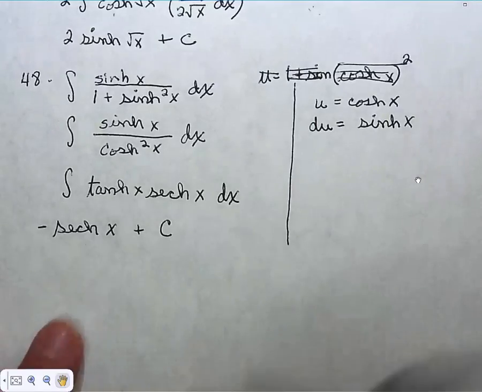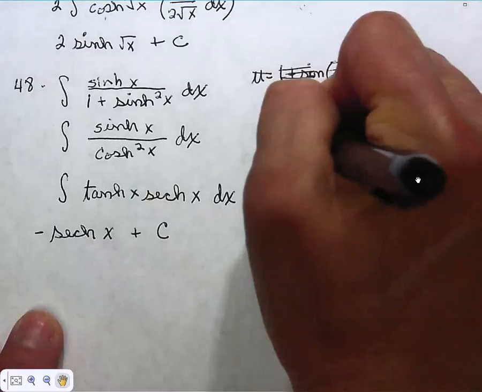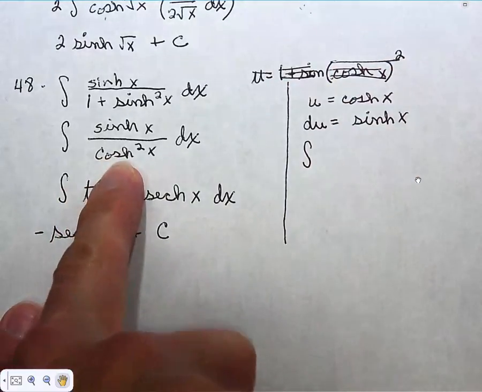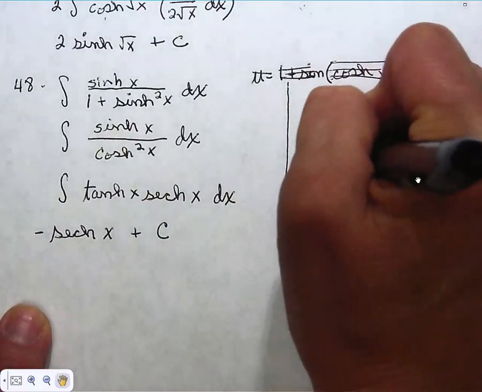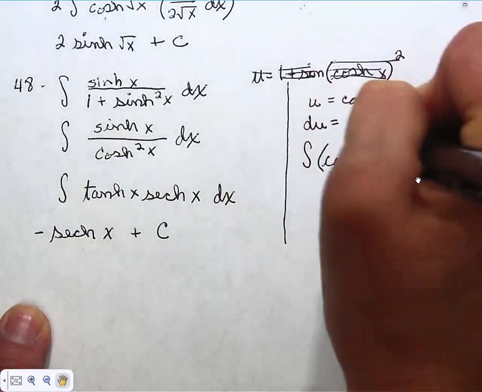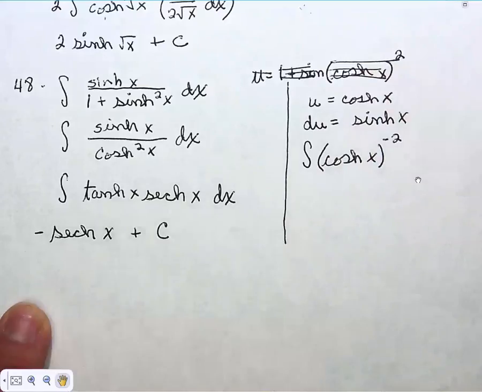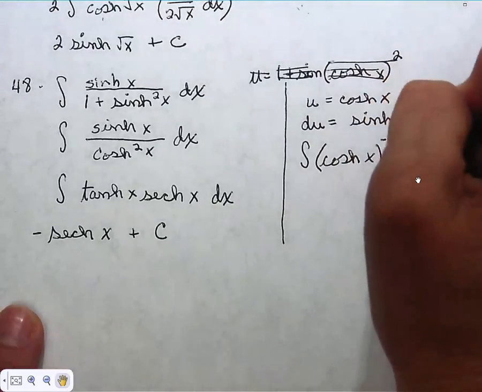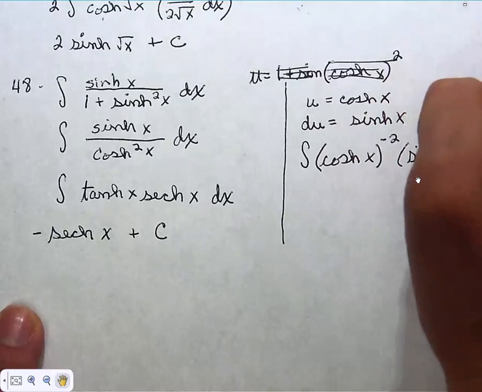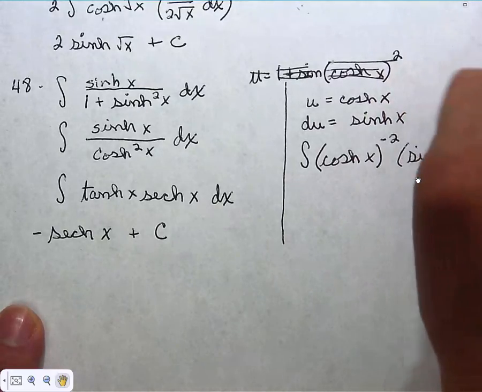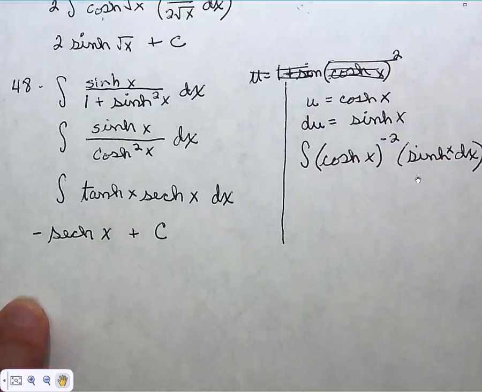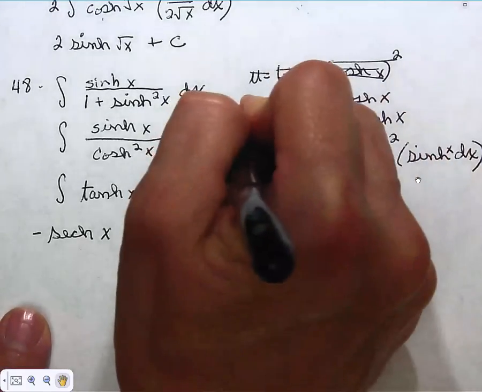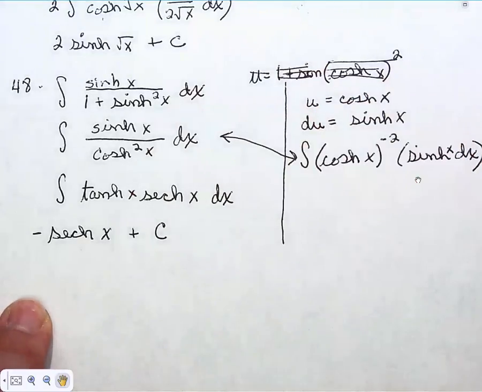Goes both ways. So that way, I was looking at this as being u to the negative 2 with du right beside it. Is that equivalent to that?